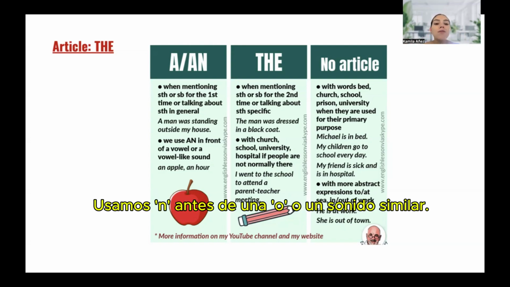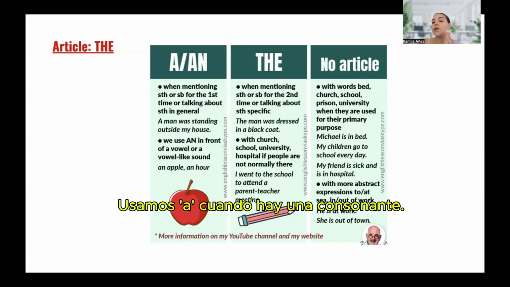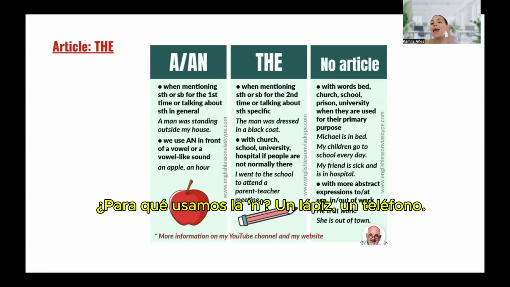We use "an" in front of a vowel or a vowel-like sound. An apple, an hour. So what is the difference between "a" and "an"? "A", we use it whenever we have a consonant. A pencil, a telephone.